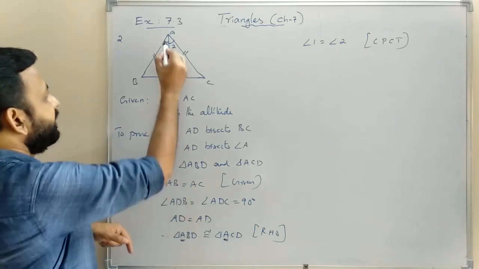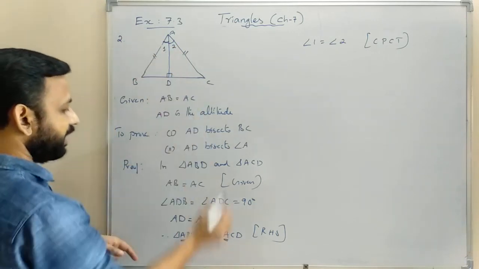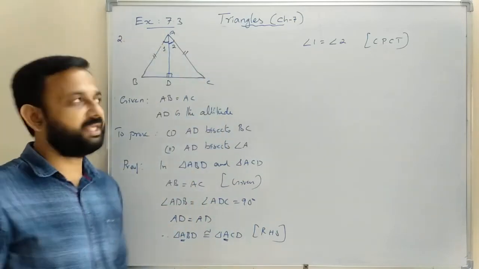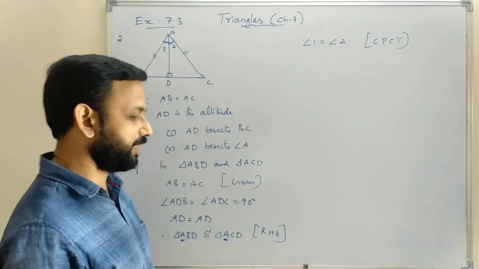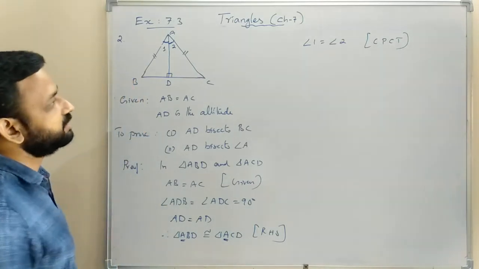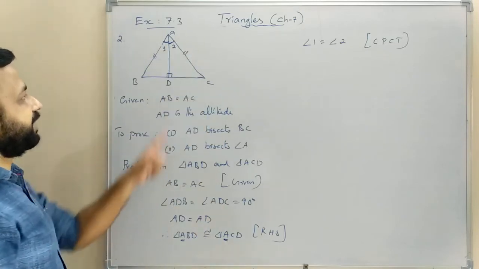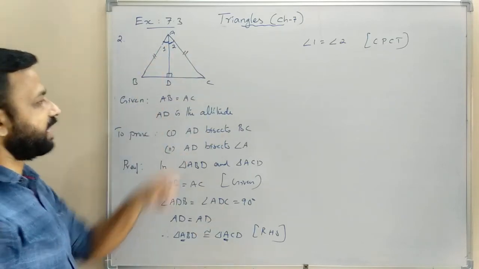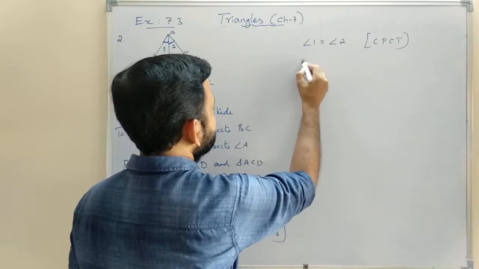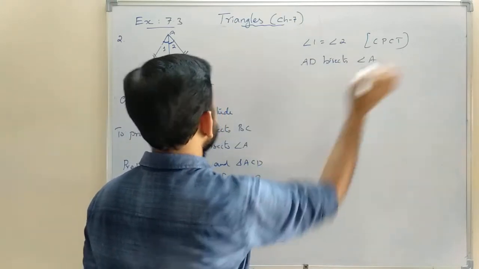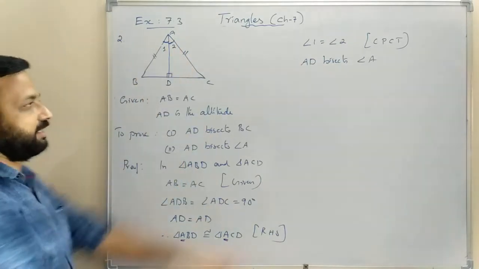In triangle ABD, angle A is this one, and in triangle ACD, angle A is this one. That means 1 and 2 are equal. Reason: CPCT. So if angle 1 and angle 2 are equal, we can write AD bisects angle A. Second part we will get: AD bisects angle A.